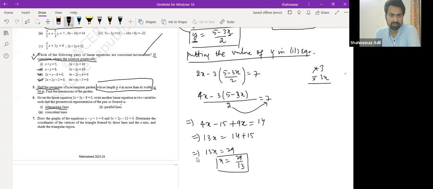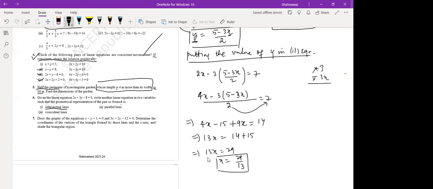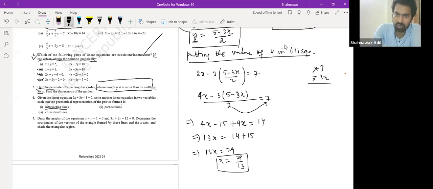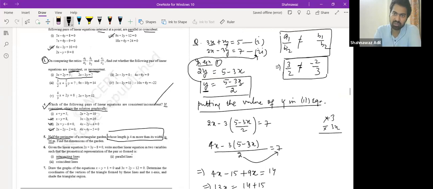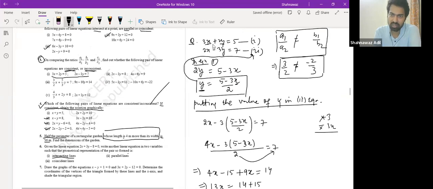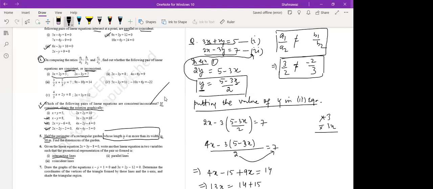Understood? Yes, sir. Can you go up a little bit? I want to see through it once. Okay. So you have these two equations, right? So we have 3x plus 2y is equal to 5 and 2x minus 3y is equal to 7. If you're using the substitution method, we have to use the algebraic way.